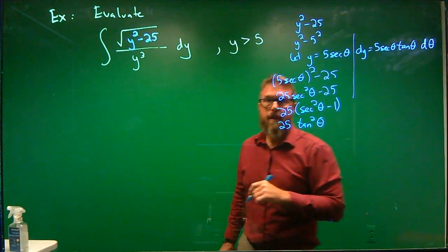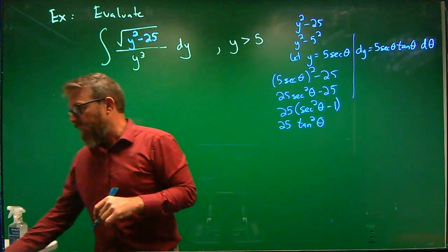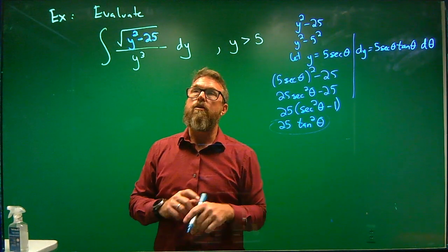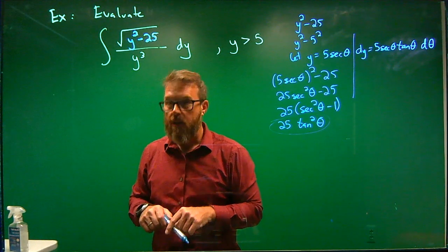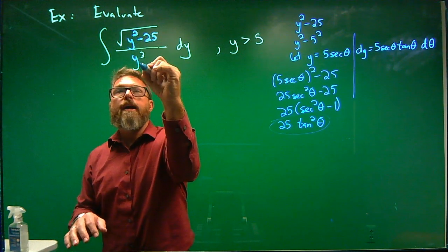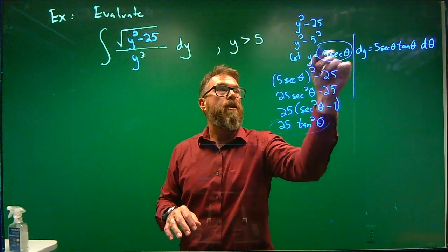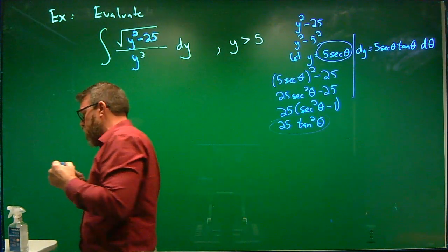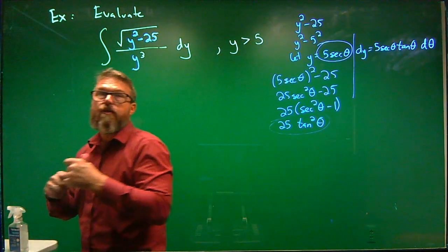Okay, so let's plug in everything that I know. I know that this, the blue part, is going to be equal to that expression. We also know that y is equal to this expression, and finally our dy is going to be equal to the substitution for the differential.